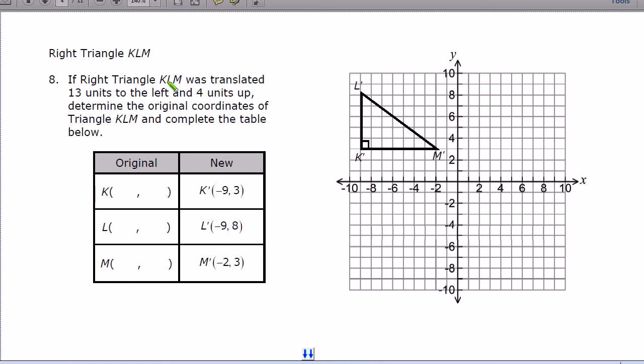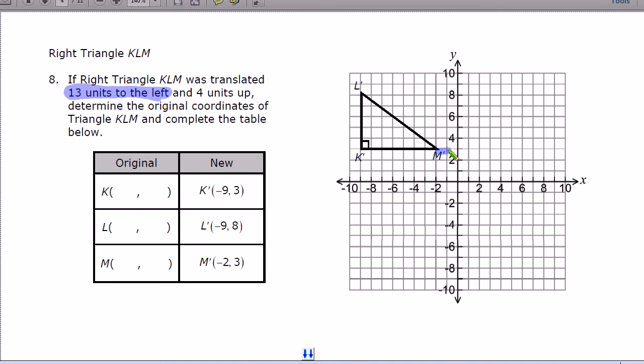So it says that if right triangle KLM was translated 13 units to the left, so it was already moved to the left. So let's see what that looks like. This M right here, it was somewhere and it ended up being here after moving to the left. So if we're going backwards, we're going to go to the right so we can see where it was before.